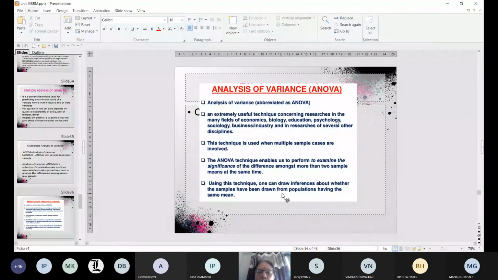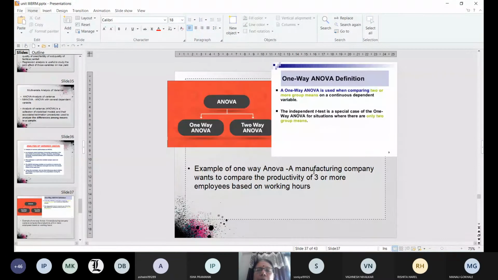This technique can be used to draw conclusions about whether the samples drawn from the population have the same average or same mean or not. Now this ANOVA can be of two types, one-way ANOVA and two-way ANOVA.